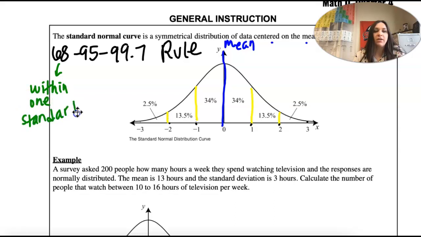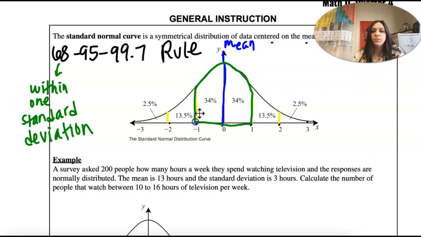And I'm going to write it out just so you can see. So, and that's this part. 34 plus 34 is 68. So 68% is 1 standard deviation away from the mean, positive and negative.